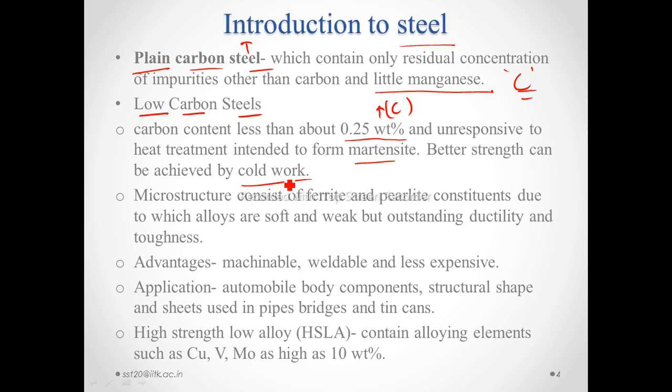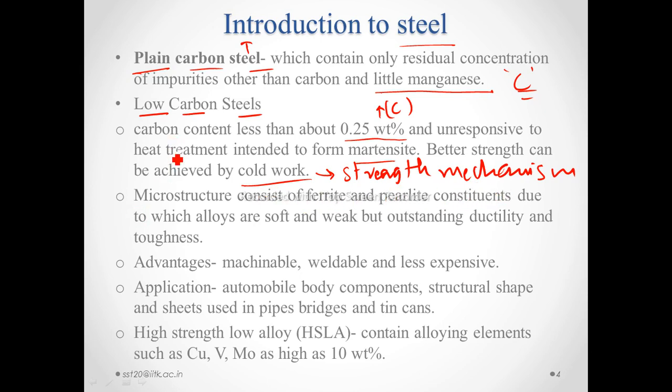How this strength increases with the help of cold working, we will study in an upcoming video, in the chapter called strengthening mechanisms. Cold working increases the dislocation density, and it helps to restrict the movement of the dislocations. This is the mechanism, and the process is long, so we will learn it in the strengthening mechanisms of alloys.